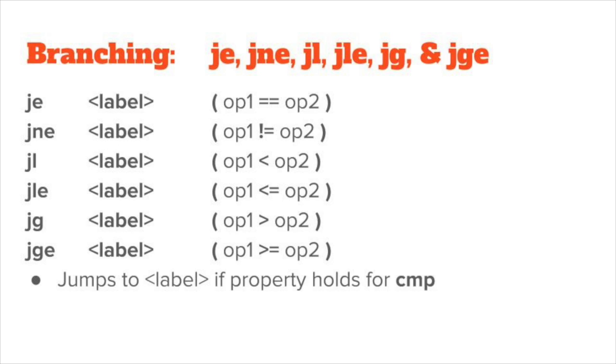So for example, you compare RAX and RBX, and then you'd say JE, and then some label. A label is basically a location inside your code. So if you compare RAX and RBX, and RAX is less than RBX, then you will go to wherever the label is. That might not make a lot of sense right now, but here's an example.